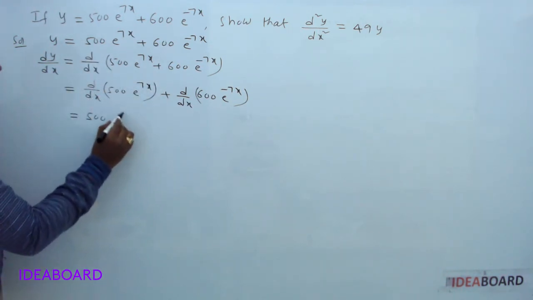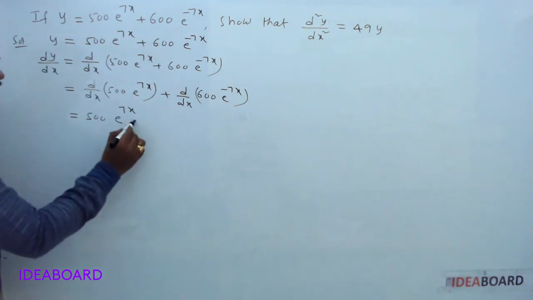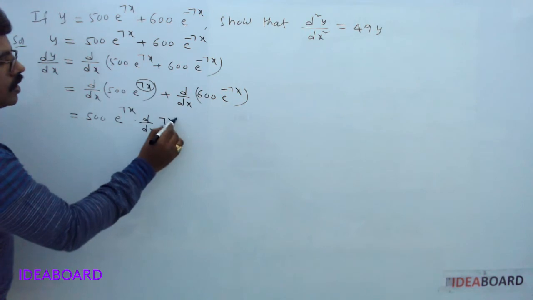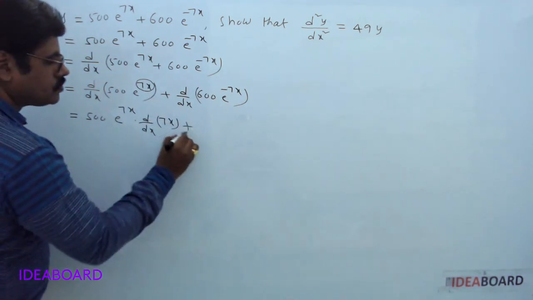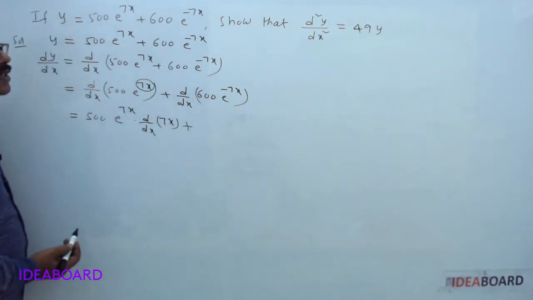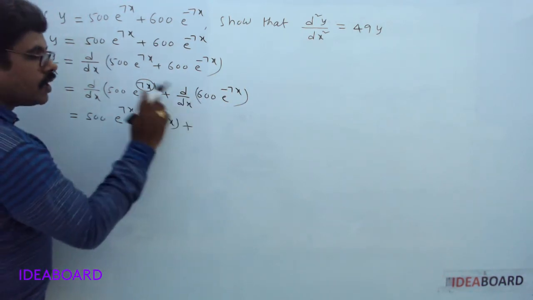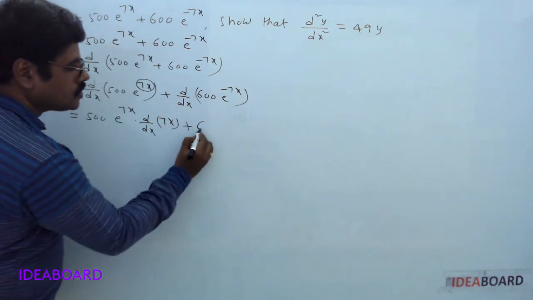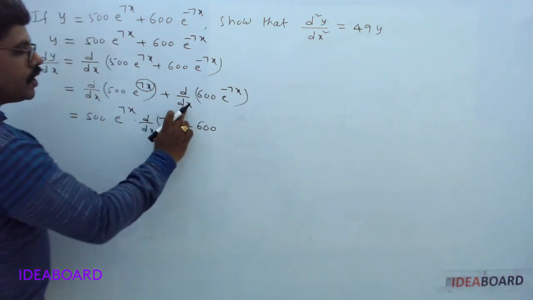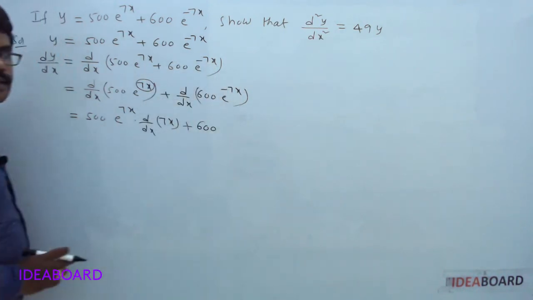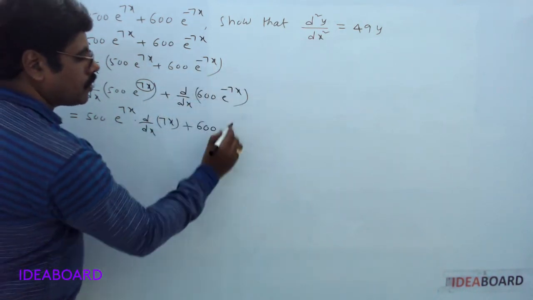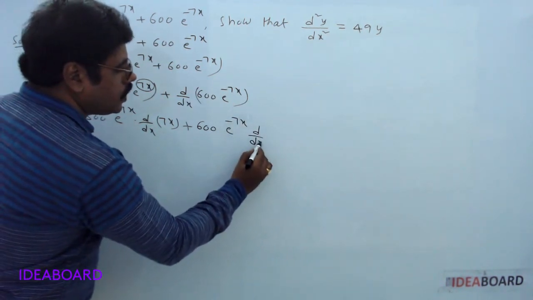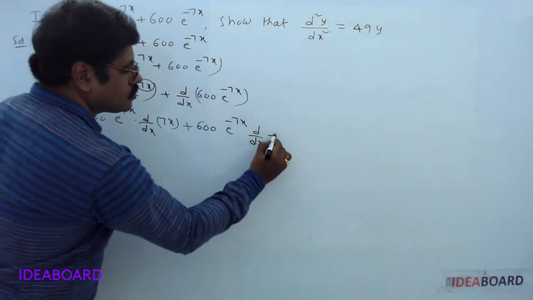Derivative of e^(7x) is e^(7x) into derivative of this power function 7x, plus here 600 is the constant term, so derivative of 600 e^(−7x) can be written as 600 into derivative of e^(−7x). Derivative of e^(−7x) is e^(−7x) into derivative of −7x.